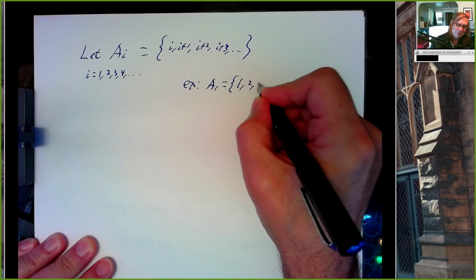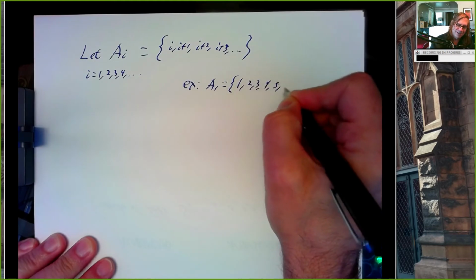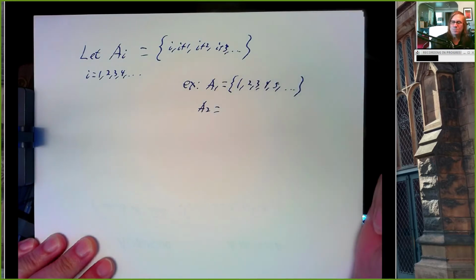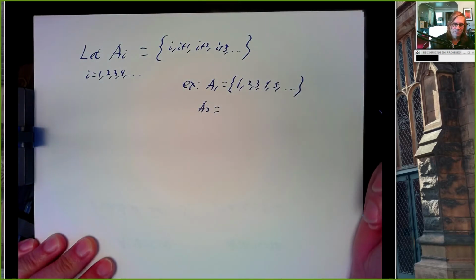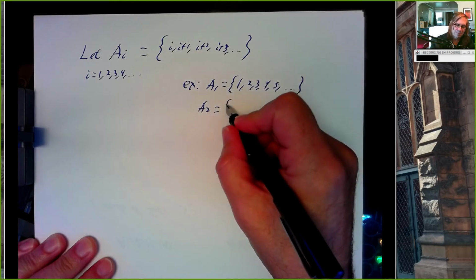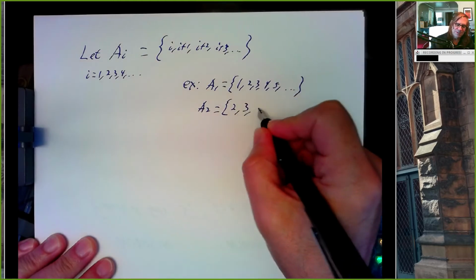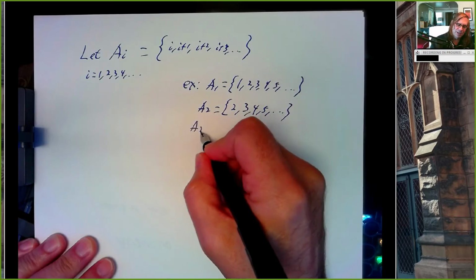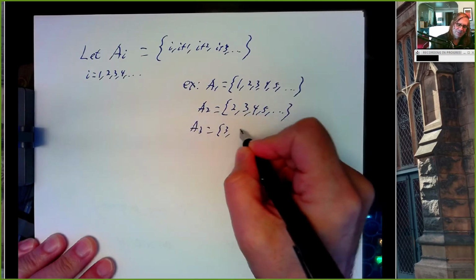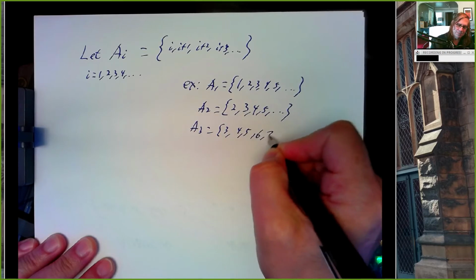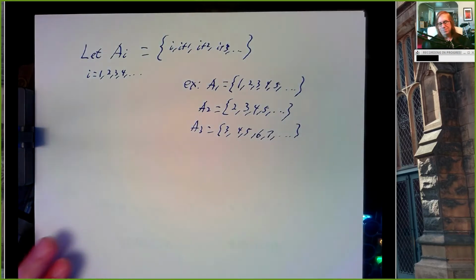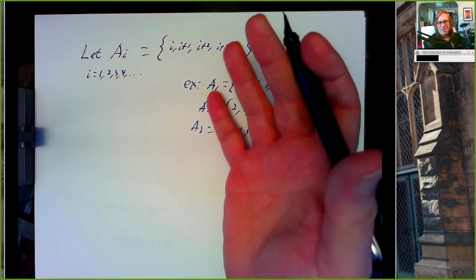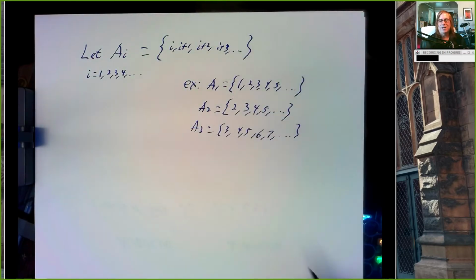So that's 1, 2, 3, 4, 5, and so on. What about A2? We start at 2 and go up again. Same thing, but starting at 2. A3 would be the set starting at 3. And so on. And so for any positive integer I, I've defined a set A sub I.